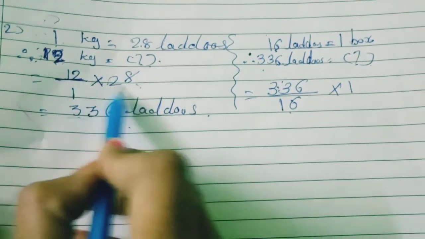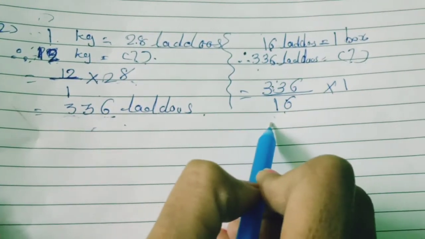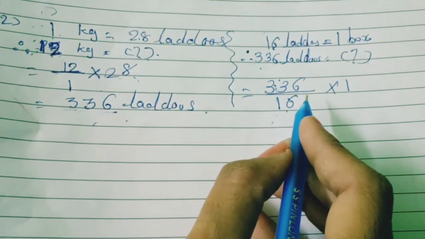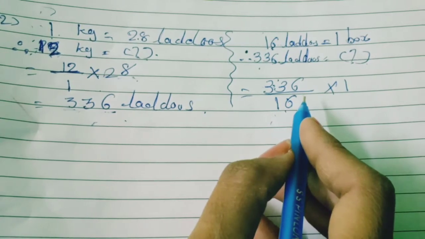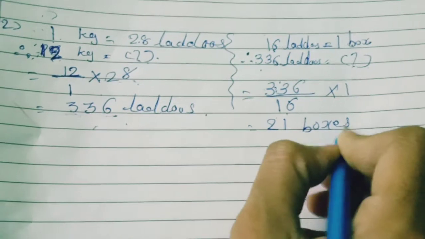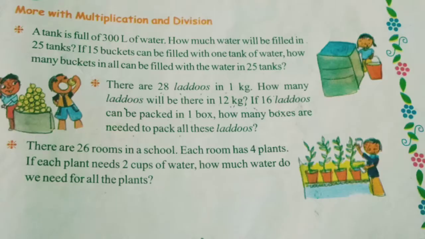Here both are in one line, so we did the multiplication. Here we have to do the division. So divide 336 by 16. We will get 21. So we need 21 boxes to pack 336 laddus.